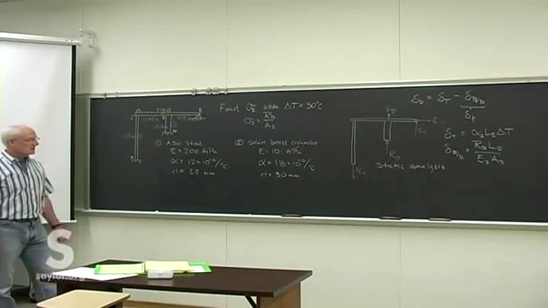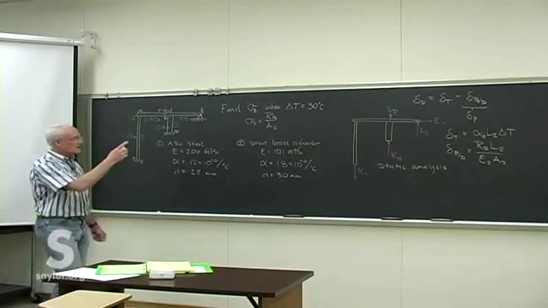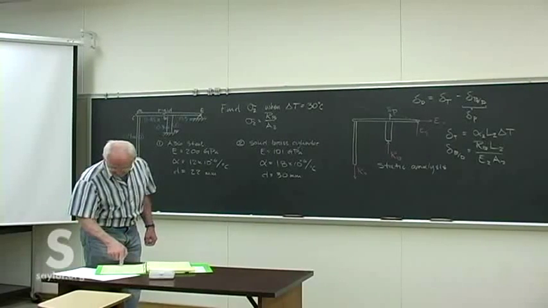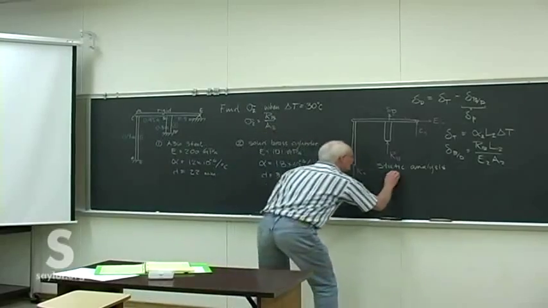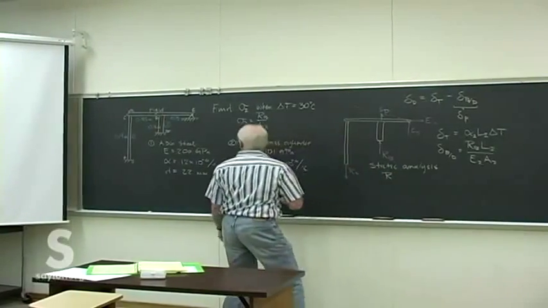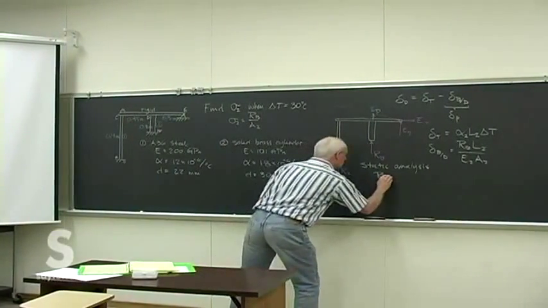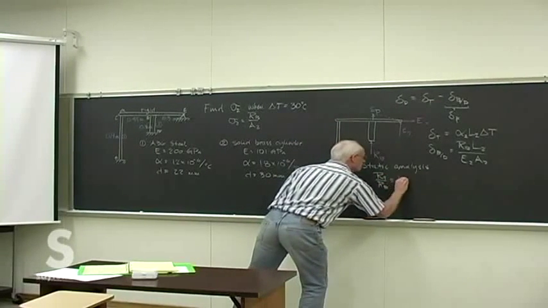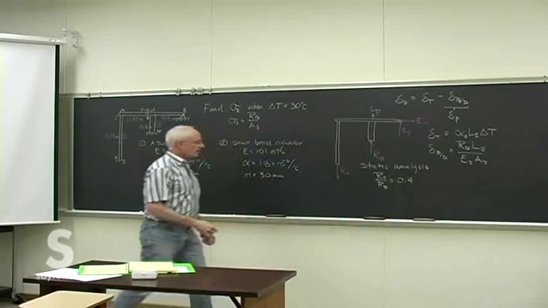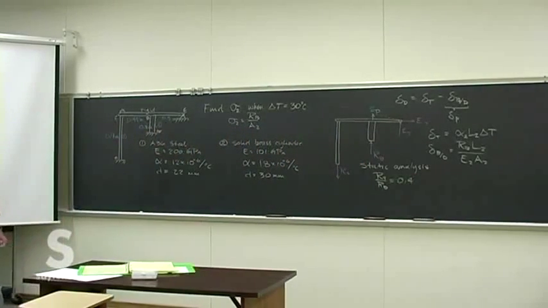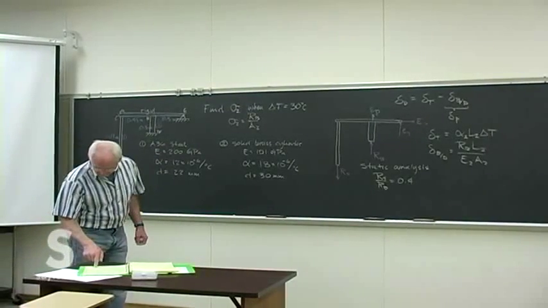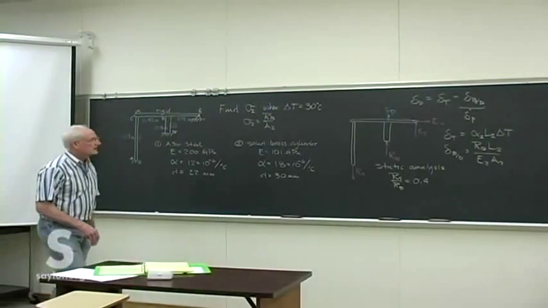You get the ratio of those just from summing the moments, without E, which makes sense because we don't need the parts at E. And you get RS over RB. The ratio between those two is 0.4. That's something you could have done last fall. It leaves us with an extra unknown.